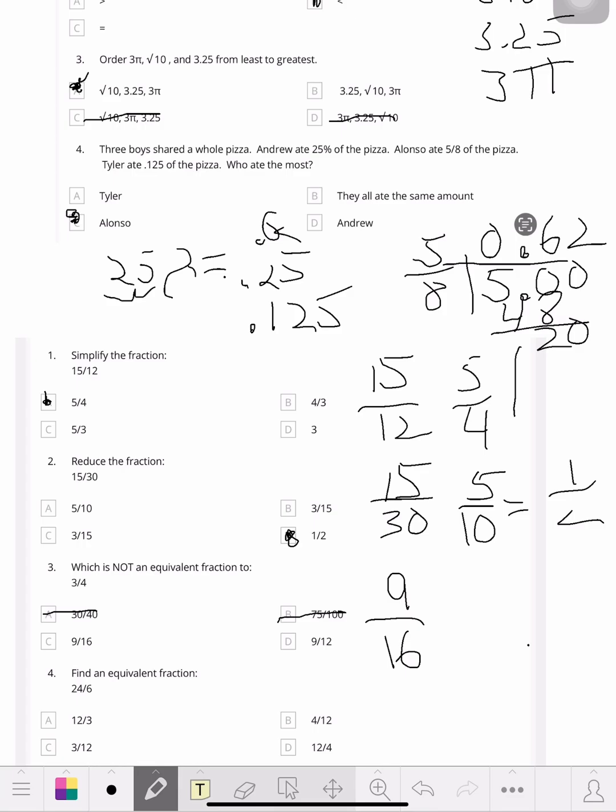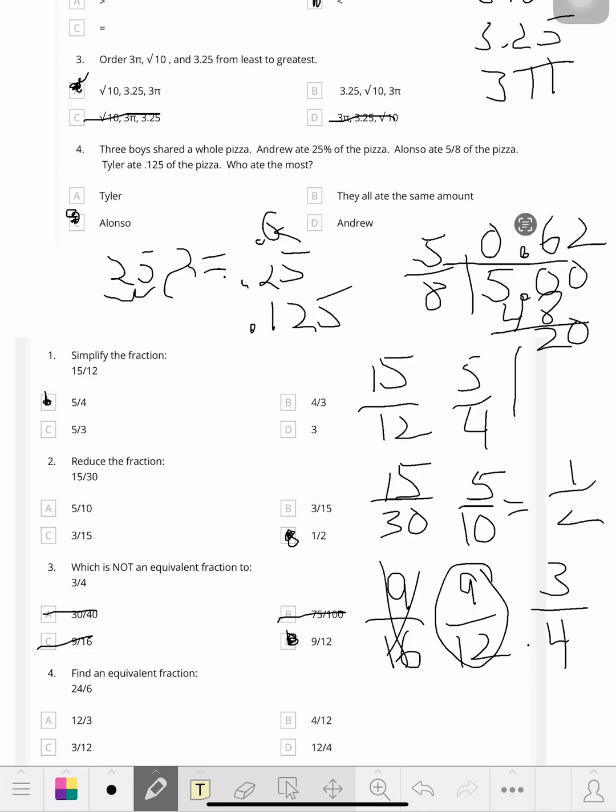Nothing goes into both of these, so that one's not going to be it. So it leaves 9/12. So let's cross this out. 9/12. Does 3 go into both of these? Yeah, 3 goes into 9 3 times. 3 goes into 12 4 times. So 9/12 is the answer. So all we have to do is highlight that. Hey, that was given.